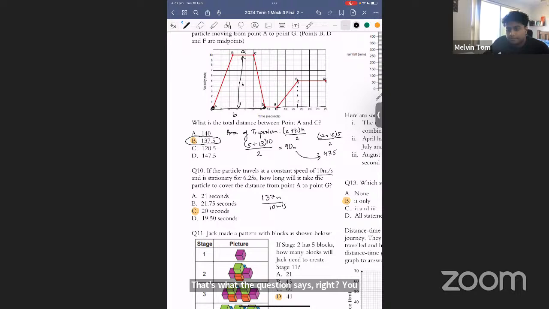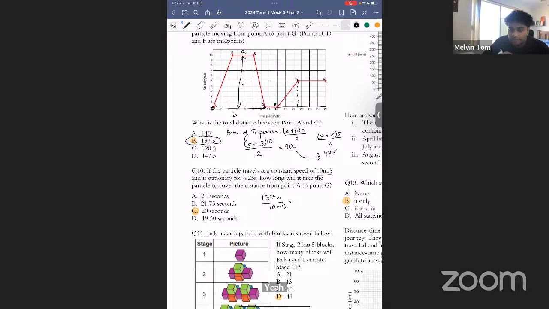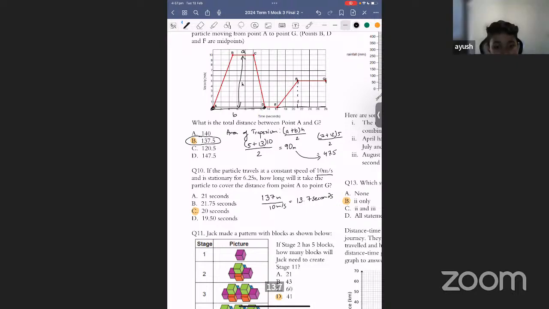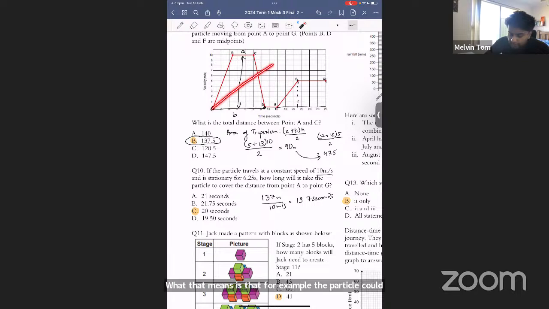Do you understand? So how long did it take the particle to travel this total distance? 13.75 seconds, plus 6.25. What that means is that, for example, the particle could have traveled like this, then stayed there, and then traveled again at the same speed.